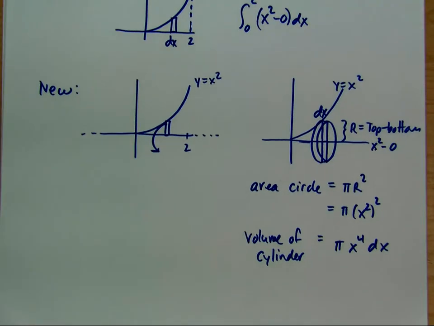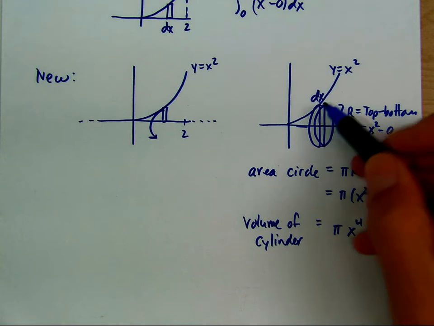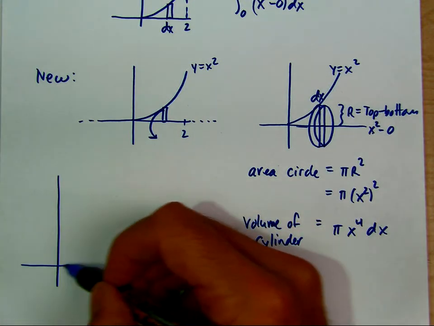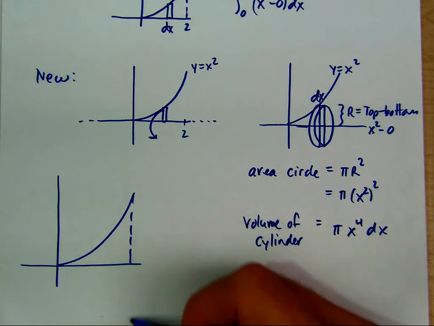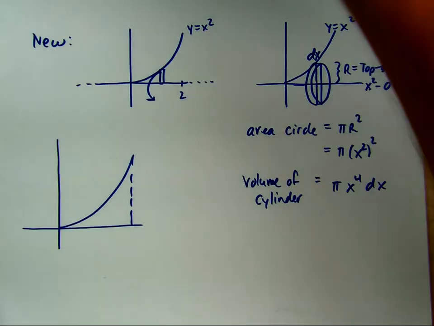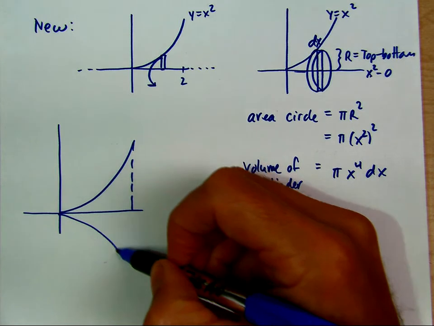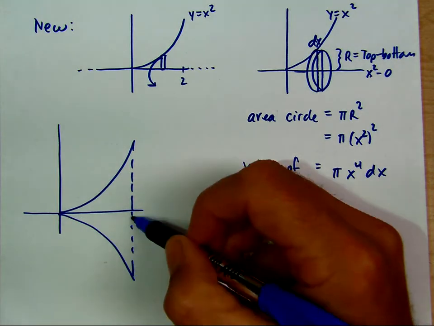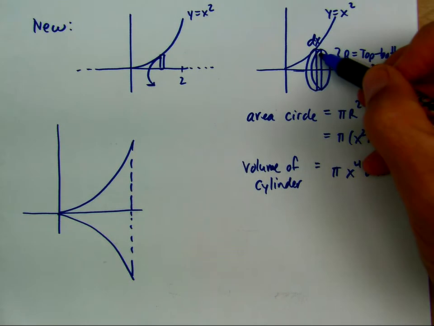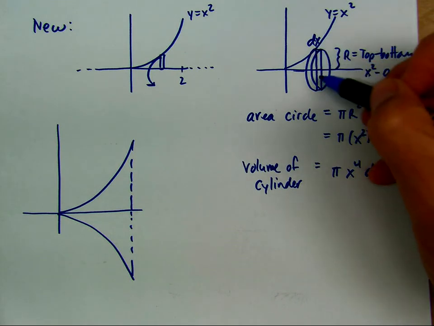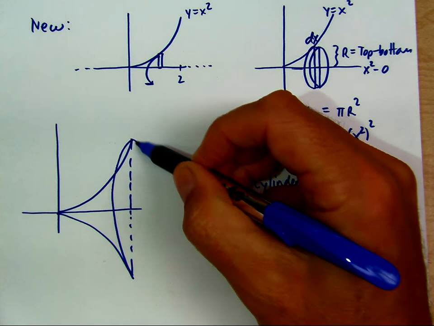If we look at an infinite number of cylinders, we'll make this solid shape, because all of these rectangles are rotating.